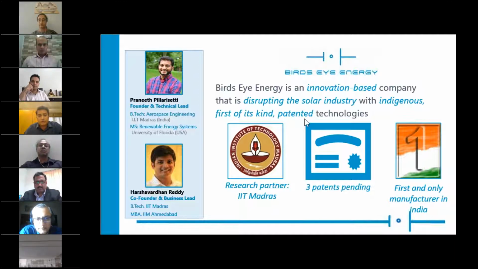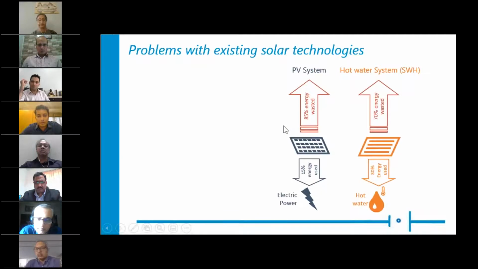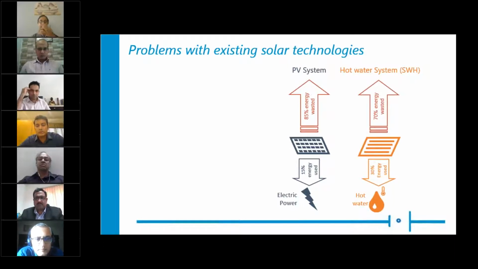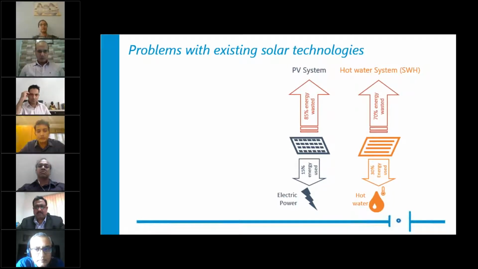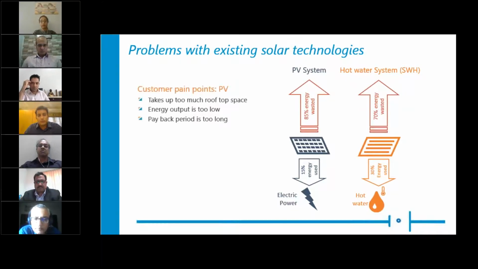So there are two types of solar technologies in India right now. One is solar PV. The other is solar hot water systems. Solar PV generates electricity. Solar hot water generates hot water, and these are completely independent of each other. And each of these technologies have their own pain points when it comes to customer acceptance. So the PV systems usually take up a lot of rooftop space. The energy output is too low, and the payback period is too long.